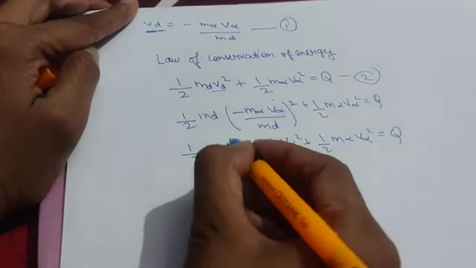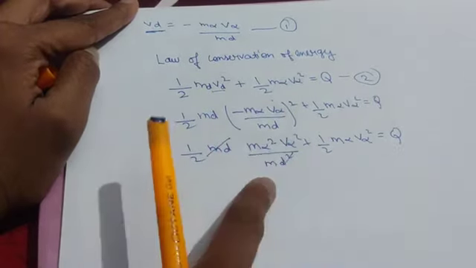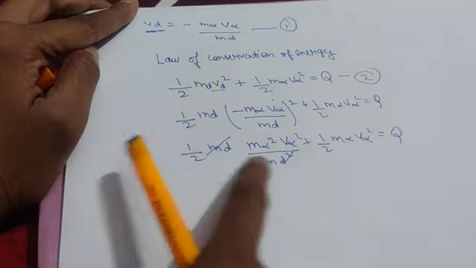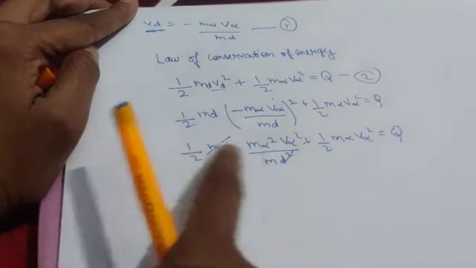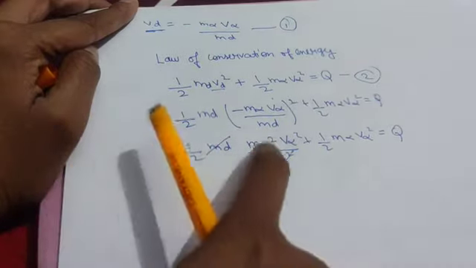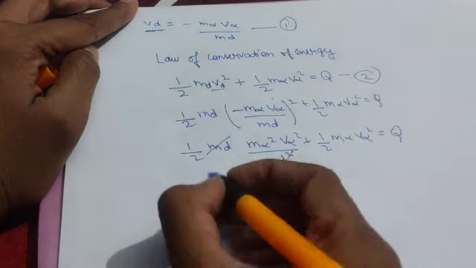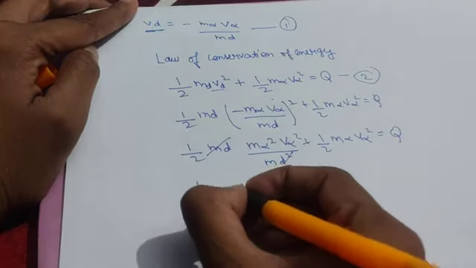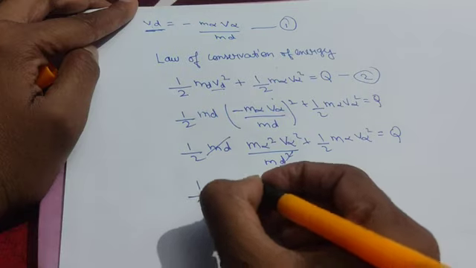So one md will cancel here. Now take common half m alpha v alpha square.